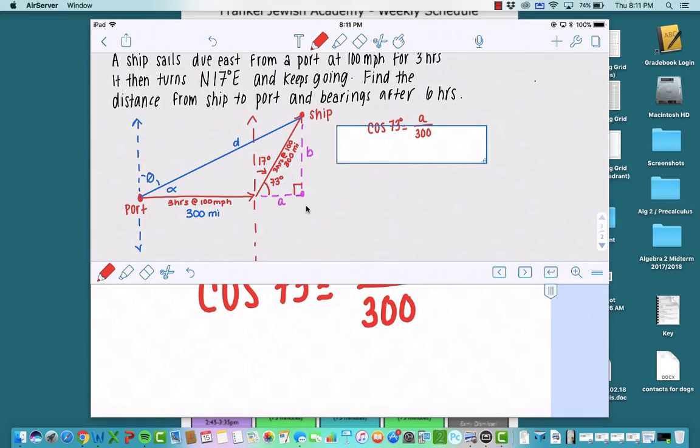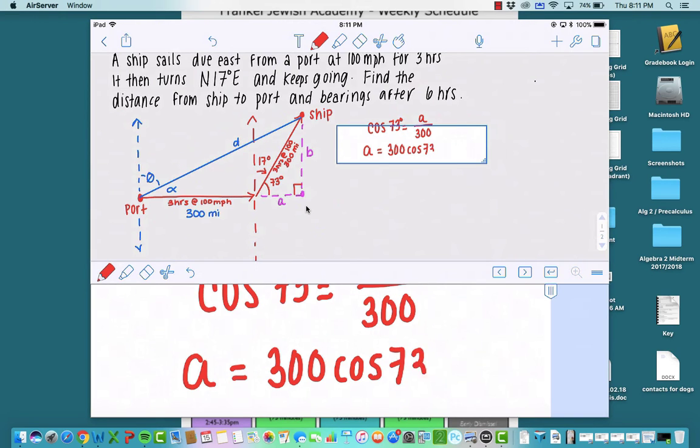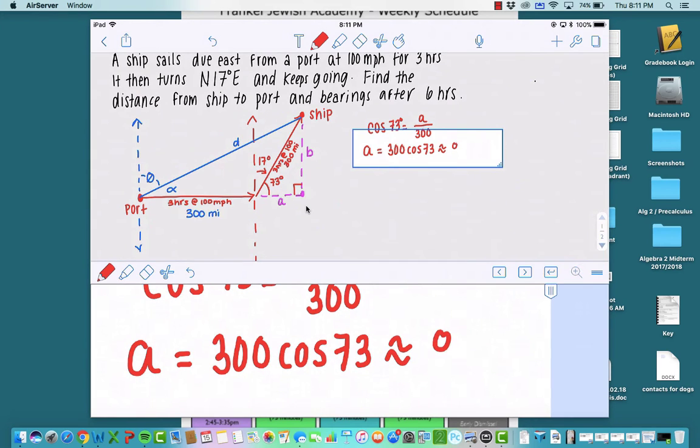So A is going to be 300 cosine 73, or approximately 87.71 miles.